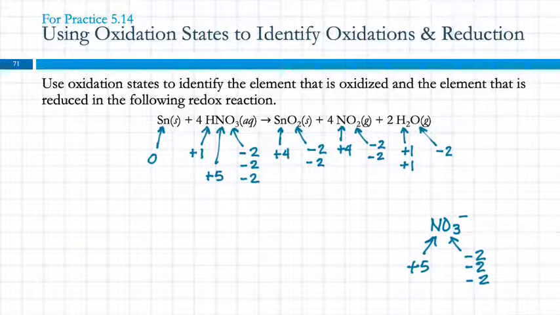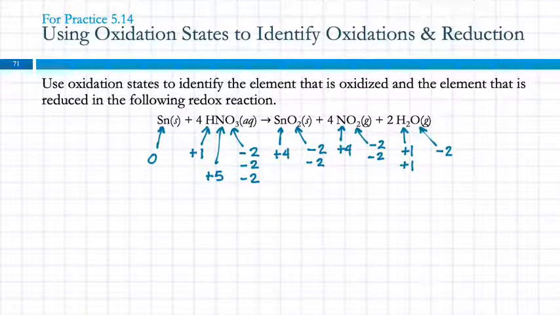So we figured out the oxidation states. We're supposed to identify the element that's oxidized and the element that's reduced. Oxidation is an increase in oxidation state. Reduction is a reduction in oxidation state. That's not too hard to remember, is it? Reduction is reduction, going down. Oxidation is going up.